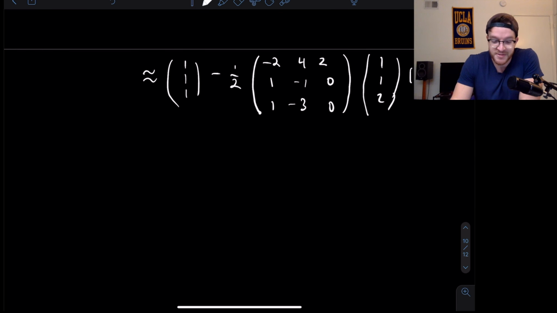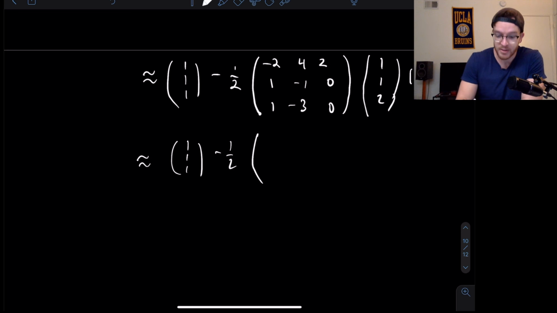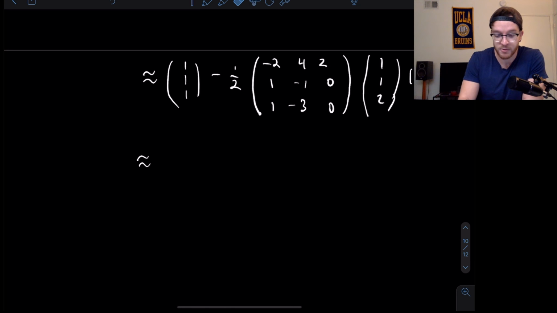Okay, so let's simplify this out a little bit more. If I do this matrix vector product, I'm going to get -2 plus 4 plus 4. Actually, for the sake of time, you can multiply those out. Let me just tell you what we get.